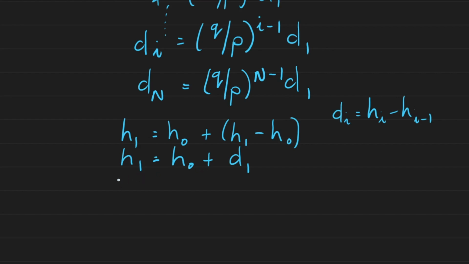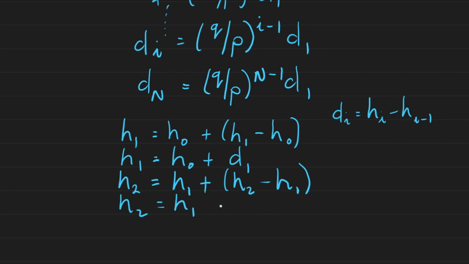So we can write this for h2. We can say that h2 is equal to h1 plus h2 minus h1. So this h2 is equal to h1 plus d2. However, we already have something for h1, so we can take h1 and put it in there.